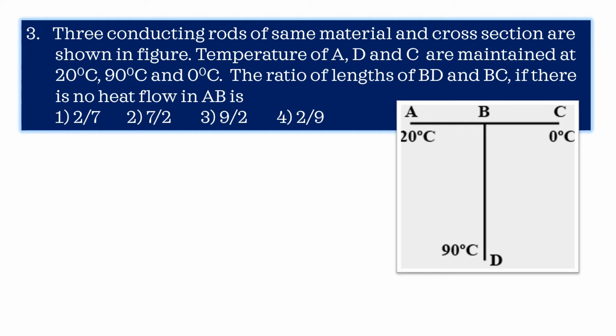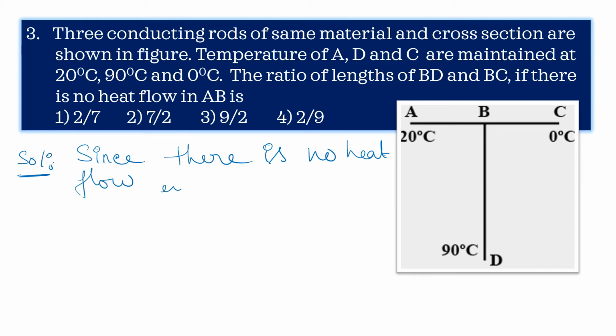So hence the rate of flow of heat in DB is equal to rate of flow of heat in BC.